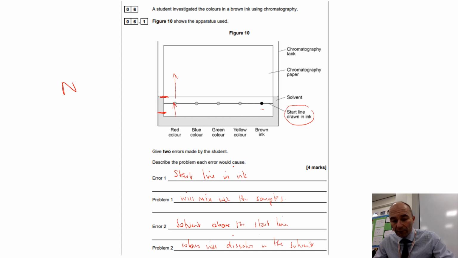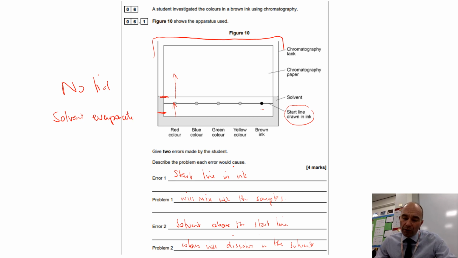There's no lid on the chromatography tank. What's the downside of that? It means that our solvent could evaporate. Now, if you're using water as a solvent, it's probably not that likely to happen, but if you're using something like ethanol or other more volatile solvents, that's a possibility. So the third acceptable error would be the lack of a lid.